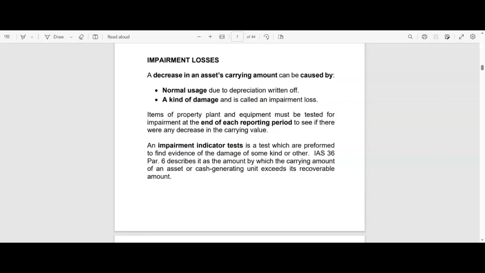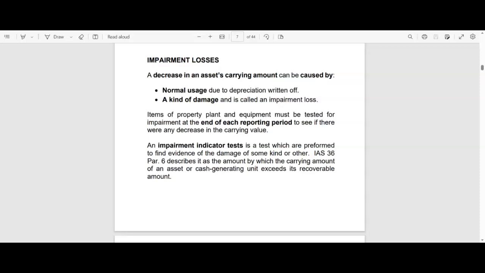We also mentioned last week, just as a reminder, that you can also combine those two contra accounts, and then you will call it accumulated depreciation and impairment losses account. Okay, be that as it may, we're going to look at many of those exercises during the course of the next few weeks.